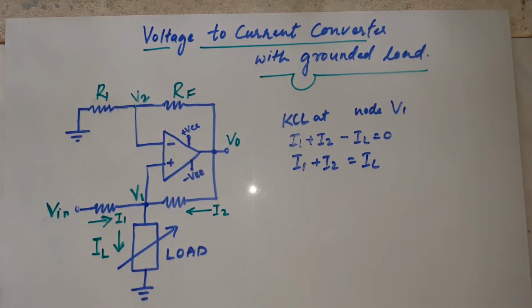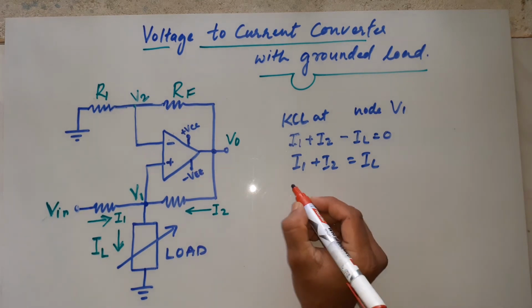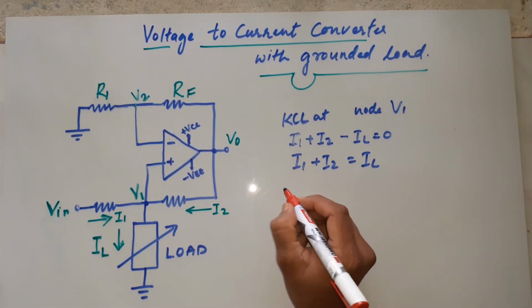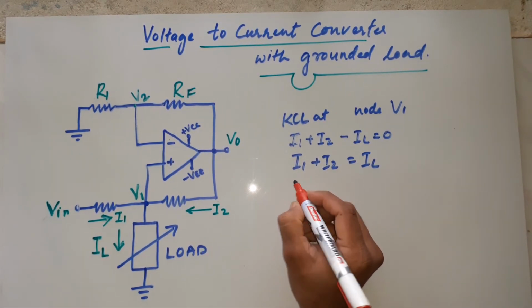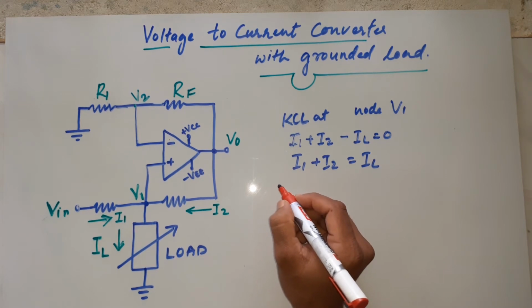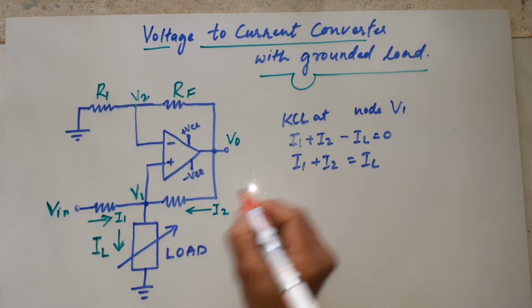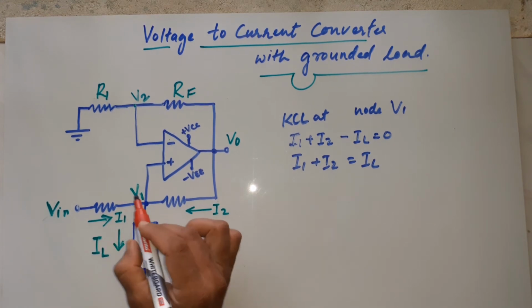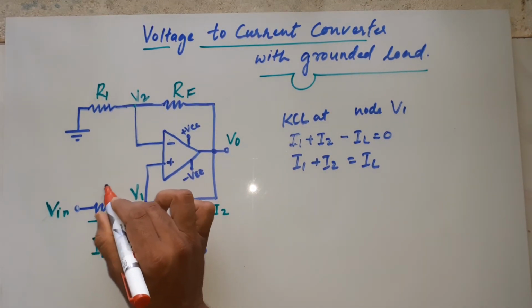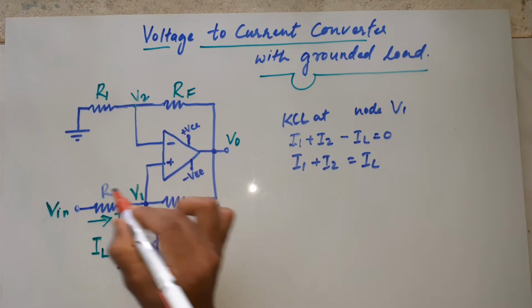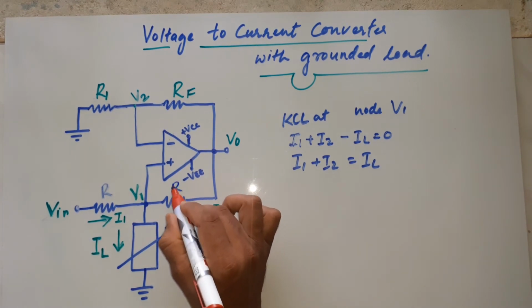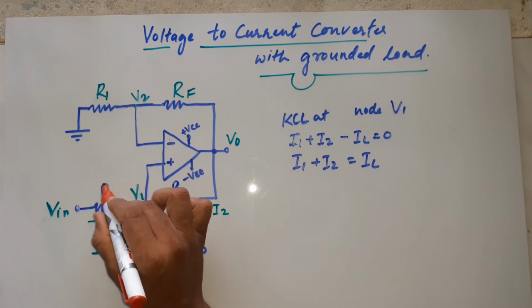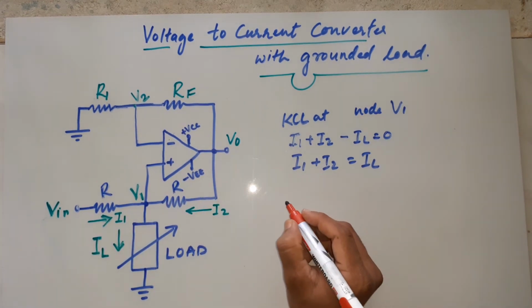Alright. Now I can write I1 in relation with voltage and resistance like this. What is I1 here? So let me call this as R. This is also R. Same value of resistance is used.